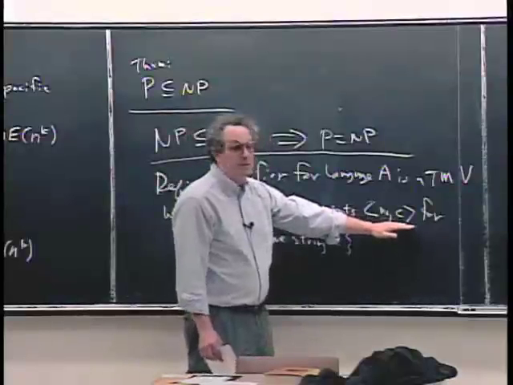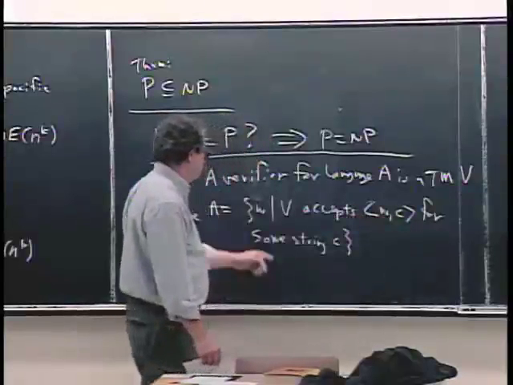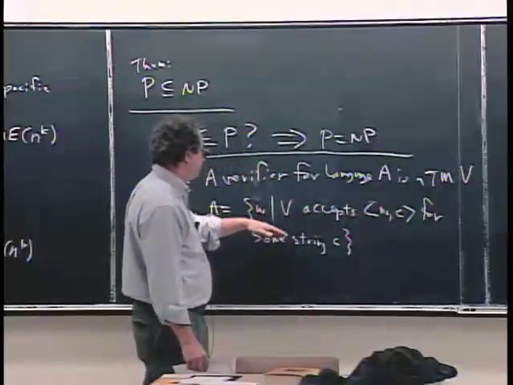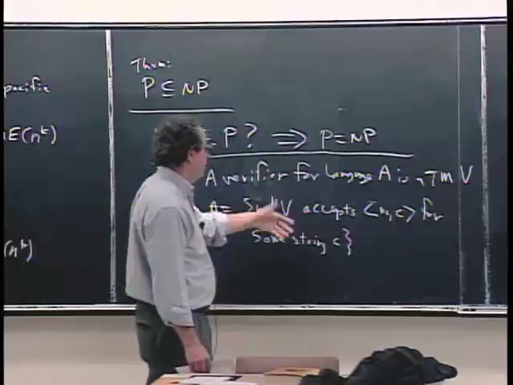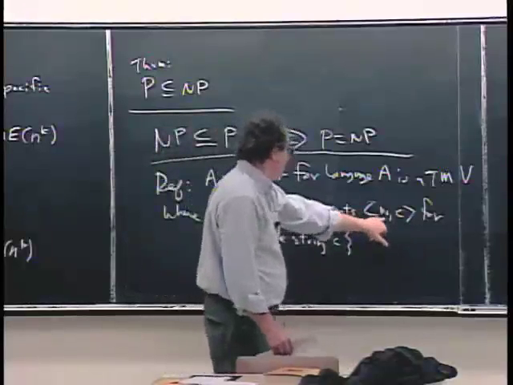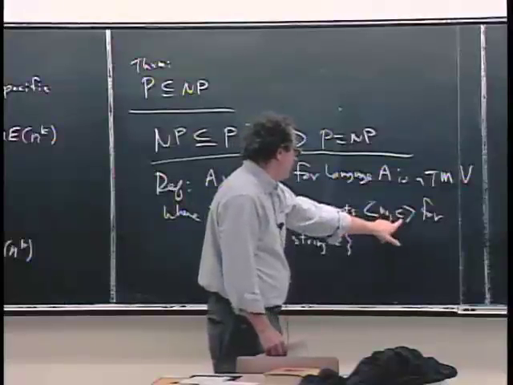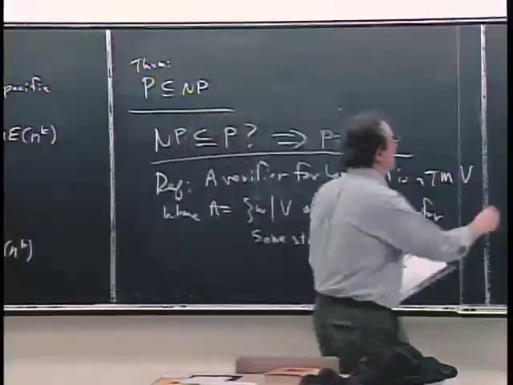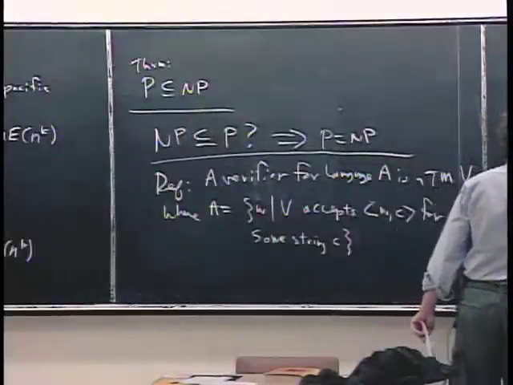come to an accepting conclusion. Just this definition: the set of W that it accepts along with C is exactly equal to the language A. So the picture looks like this.